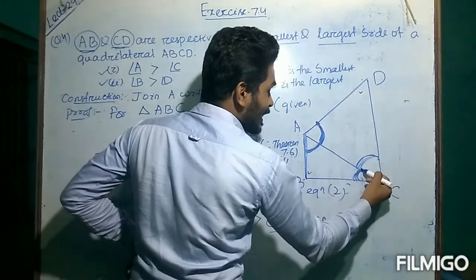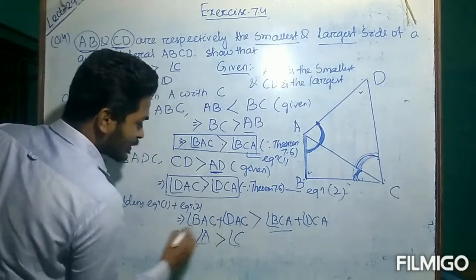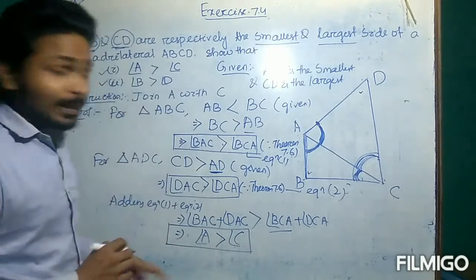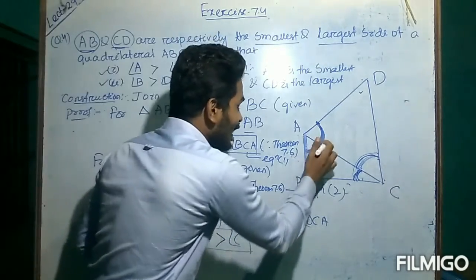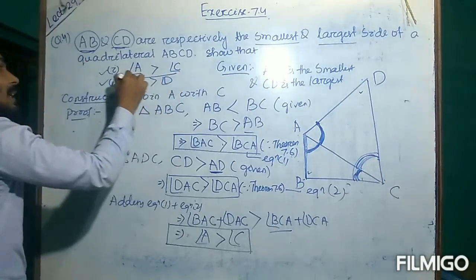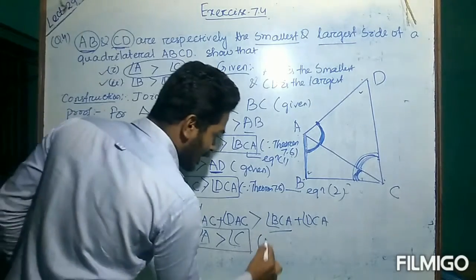So this angle plus this angle gives rise to the total angle, and in between them we have to use this. And finally we reach our conclusion that angle A, this angle, is greater than angle C. Yes, angle A is greater than angle C, and it is now proved.